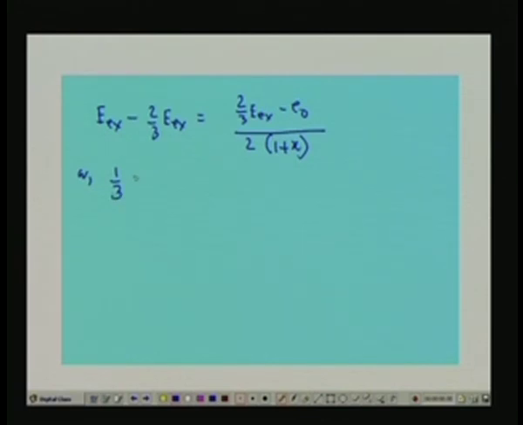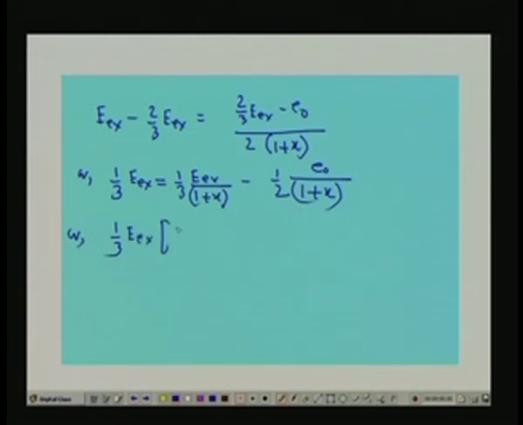1 by 3 Ex equal to 1 by 3 Ex into (1 plus X) half of E naught into (1 plus X), or I can, if I take 1 by 3 X common, so it will be 1 upon 1 plus X equal to half of E naught upon 1 plus X, right.